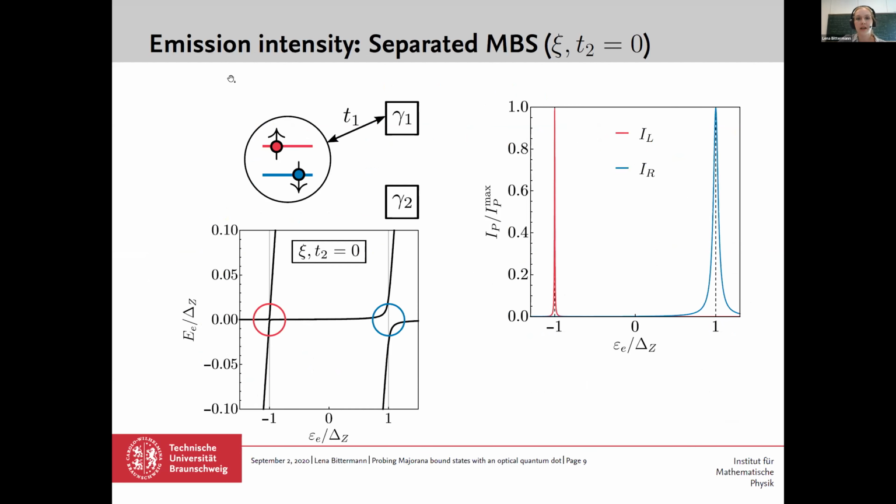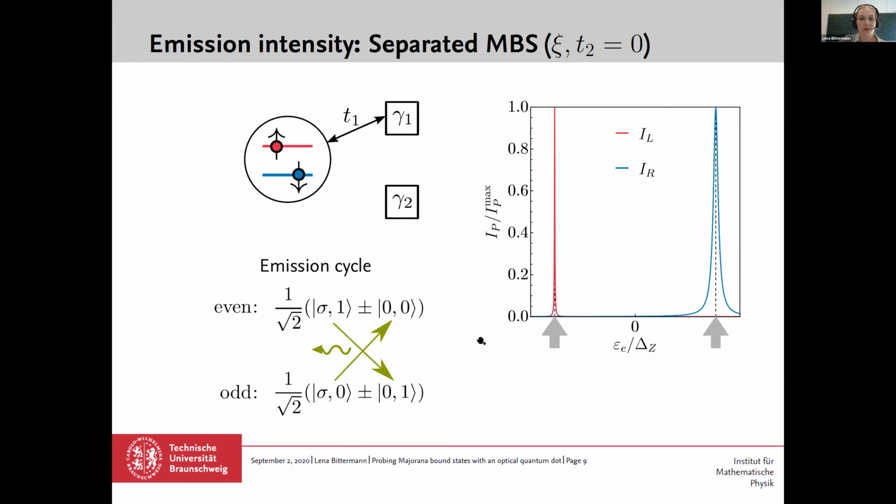At first, I show you the case of separated Majoranas, where we only couple to one Majorana. To remind you, this was the spectrum here, where even and odd states were degenerate, and we had 2 resonances in the spectrum. In our intensity, we can see 2 peaks emerging at these resonances, exactly again at plus and minus delta Z. And you see that both have the same maximum, and therefore we can think about an emission cycle.